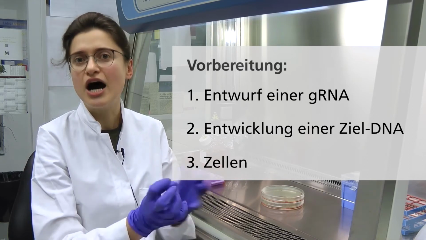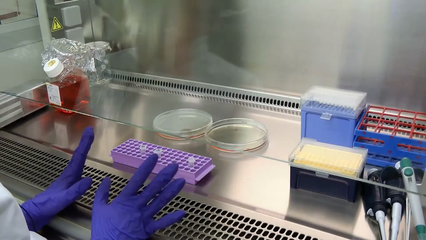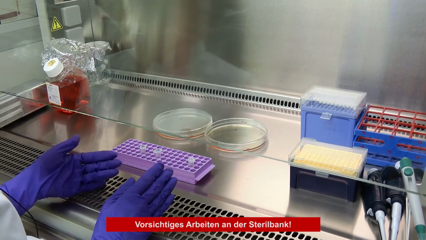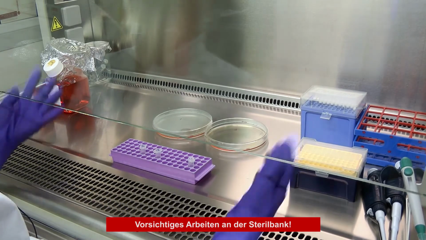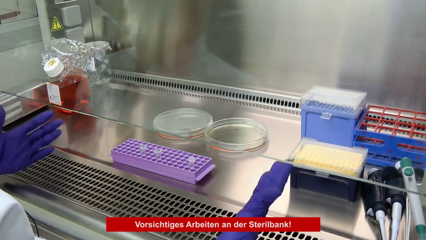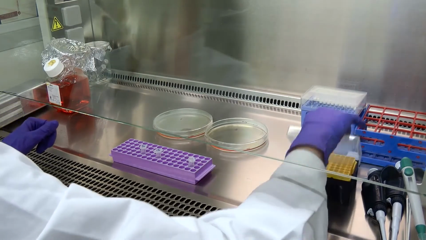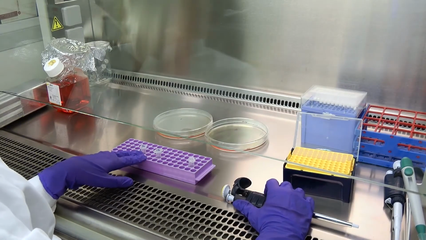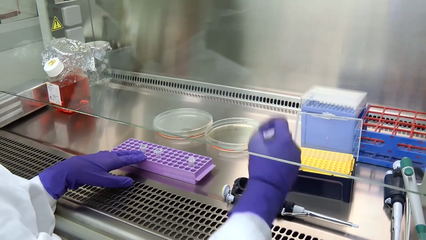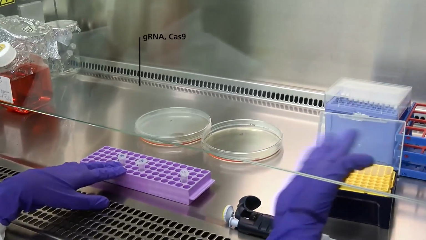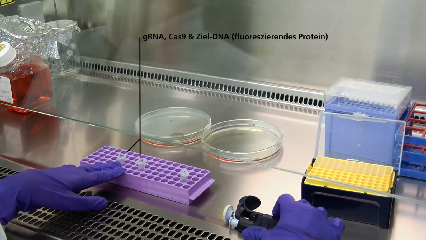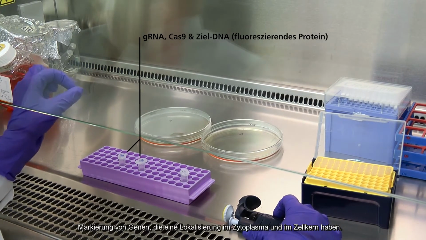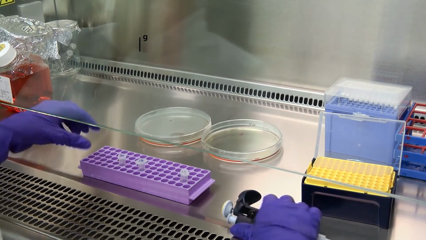And the third component, your cells. And now I will show you how we do these things together. Because we work with cells, we have to be working very carefully without contaminating them. Therefore, we're using a laminar hood. So the air comes from that side and it's filtered. What we are doing is, I have already prepared samples with our guide RNA, the template, and a Cas9 source, and we will tag genes that have cytoplasmic and nucleus localization.